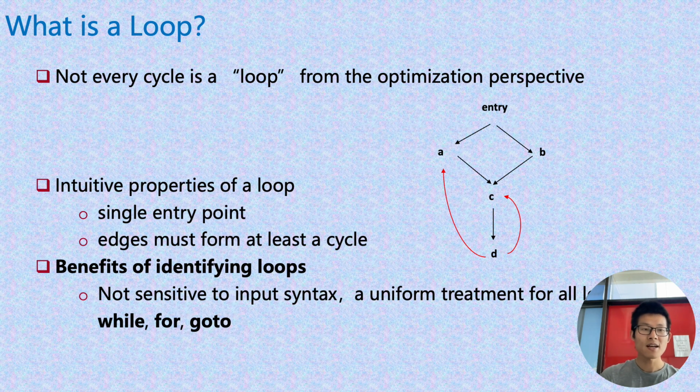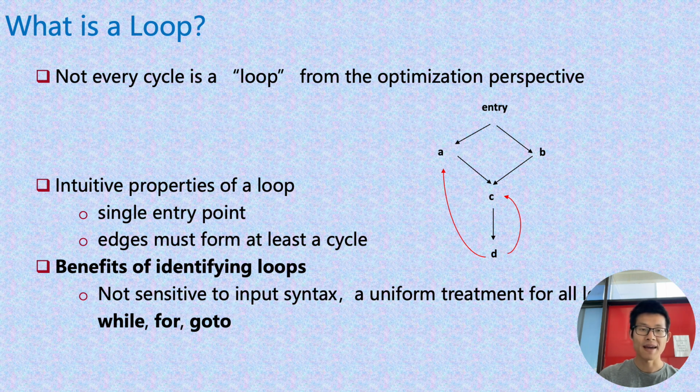There may be many cycles in the flow graph, but from the compiler optimization perspective, not every cycle can be called a loop. Take a look at this flow graph. There are two cycles.